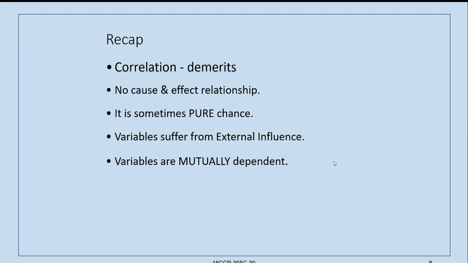And coming to some of the demerits, no cause and effect relationship is there. So sometimes it is difficult to establish cause and effect, but there is definitely a cause and effect which we cannot establish in some cases. So it is sometimes pure chance.